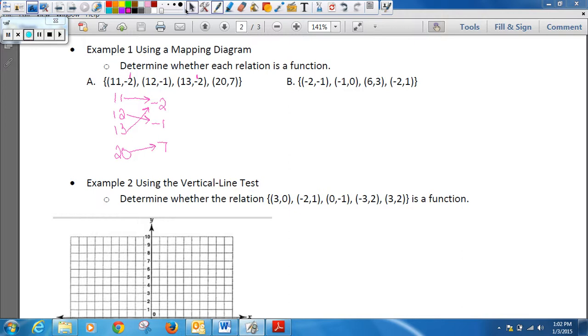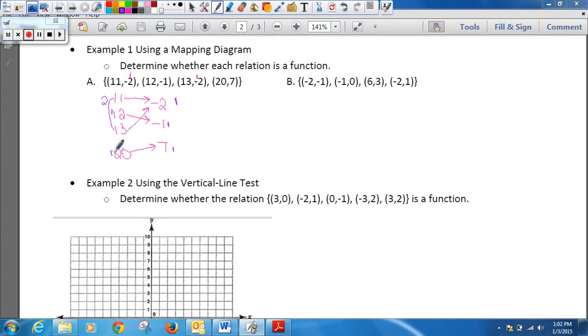Once you have created your mapping diagram, then you can go ahead and figure out if it is a function or not, and that's when we number it. So 11 and 13, these two right here, both go to the single -2. 12 is the only one that goes to -1, and 20 is the only one that goes to 7.